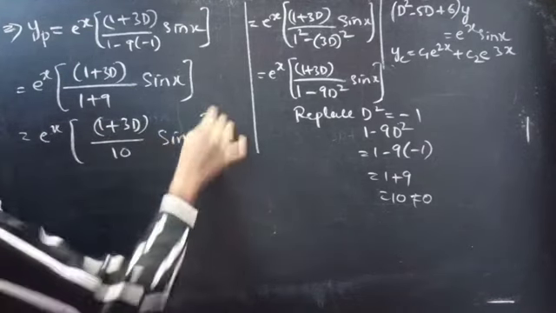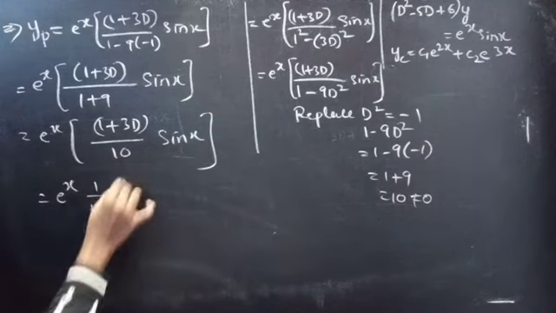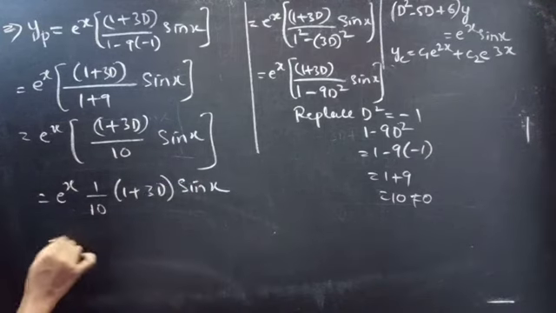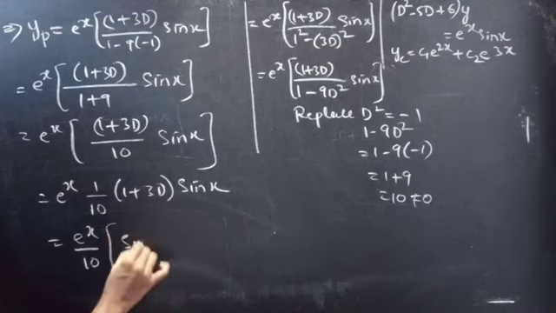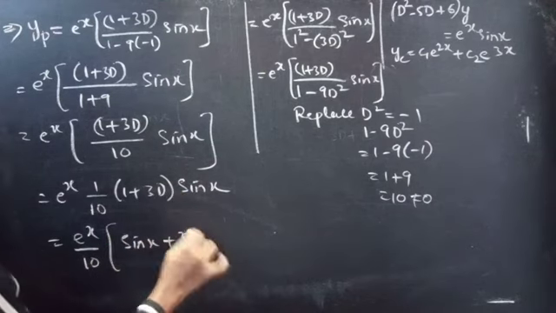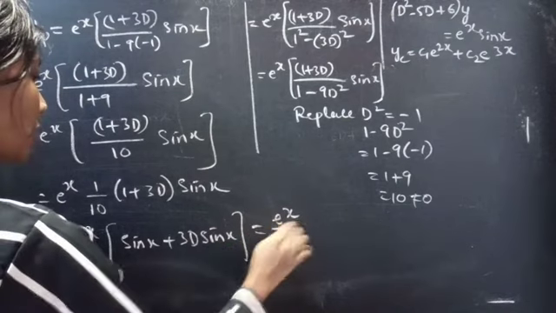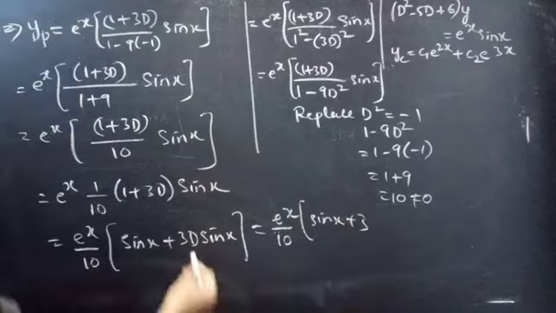This equals e^x into, we can split this as 1 by 10 into (1 + 3D) into sin x, which becomes e^x by 10 into 1 into sin x is sin x plus 3D sin x. This becomes e^x by 10 into sin x plus 3 into D, a differential operator.